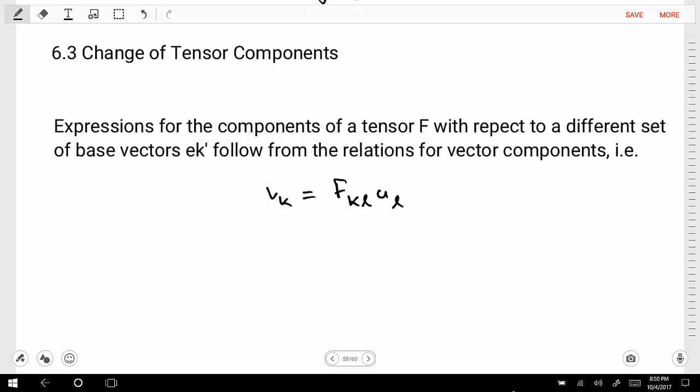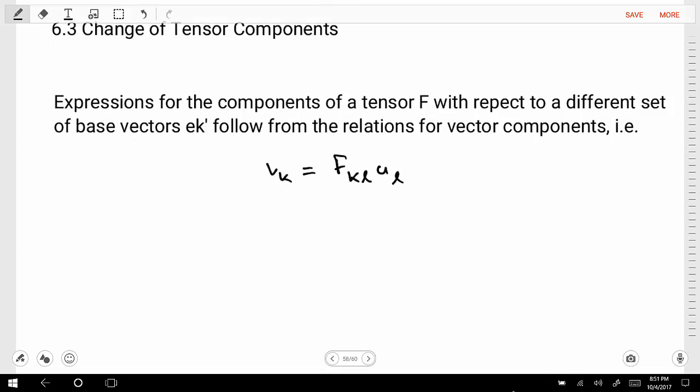Well, we can go ahead and use the rules that we know and use our transformation tensor in order to find a form of VK. So what is VK in our new system?